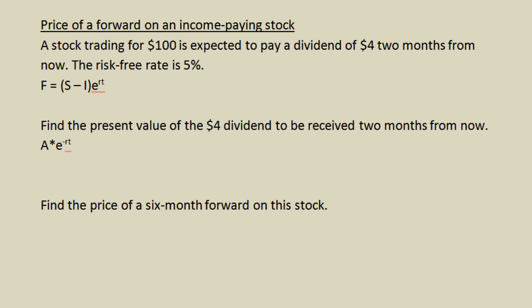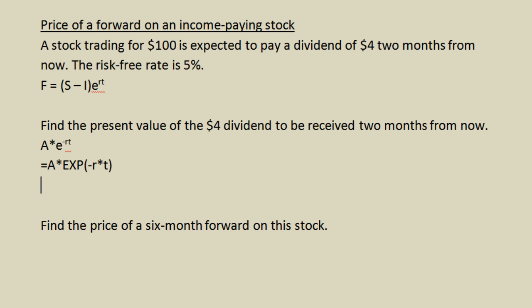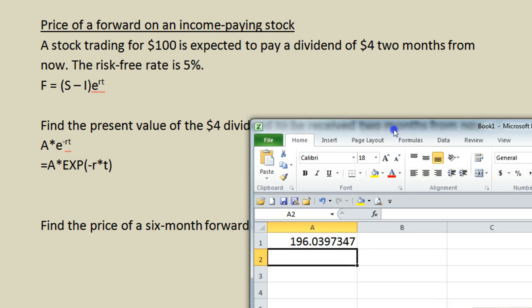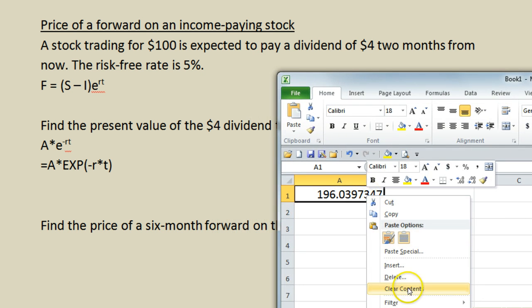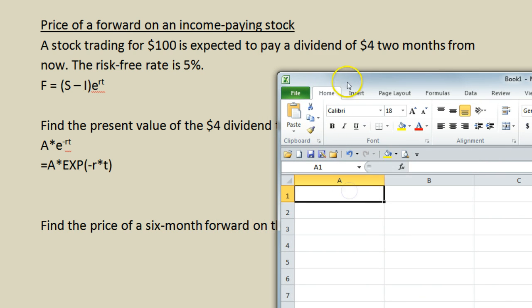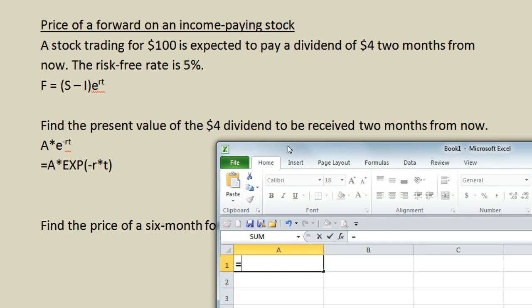Or if we do this in Excel, we use equals the amount times the formula EXP, open parentheses, minus R times T. And in this particular instance, let's grab an Excel here and clear out what may have been there before. We have equals the amount 4 times e raised to the negative interest rate.